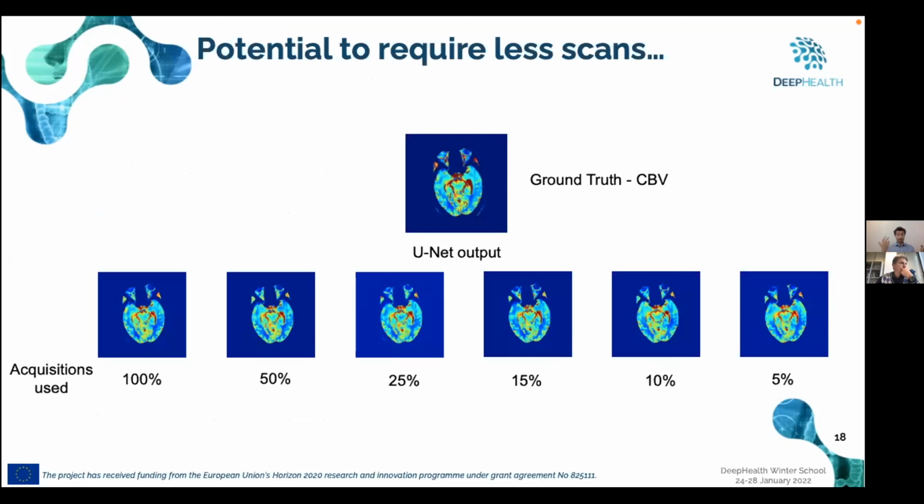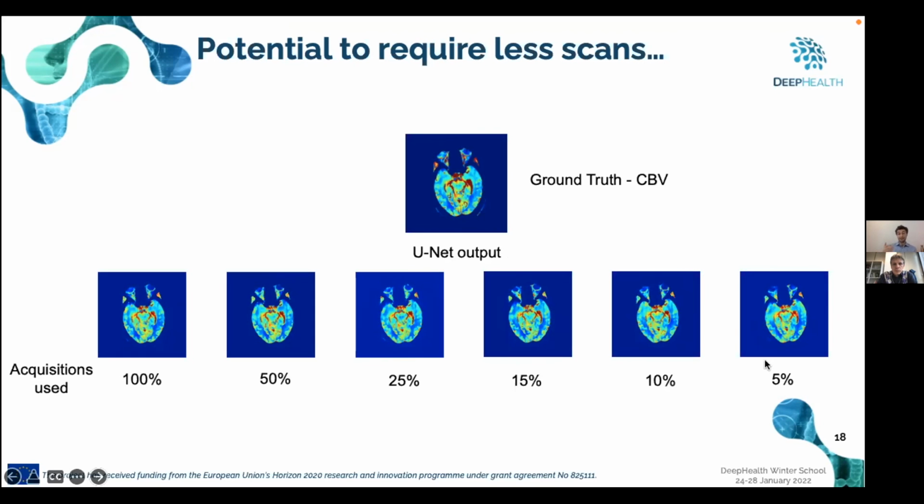We have ground truth having 100% of the acquisitions, but now we can train the deep neural network subsampling the input, meaning that instead of having 80 different CT scans of our entire brain, we might need 8, for example for 10%, or we might even need 4 with 5%.